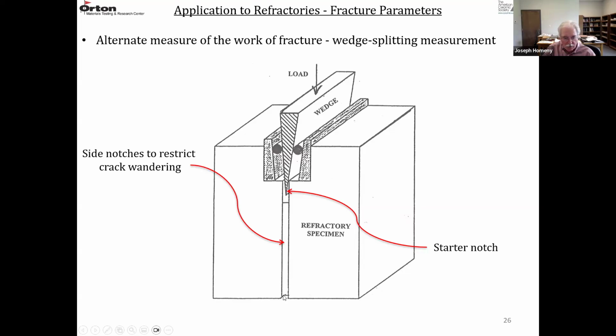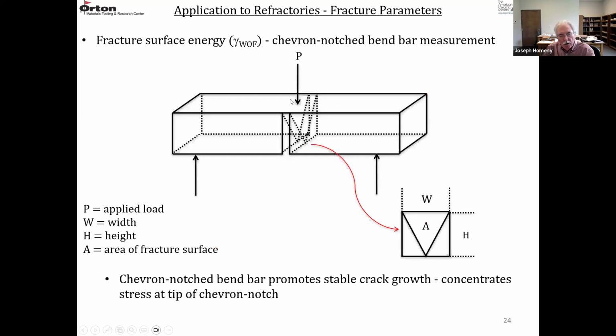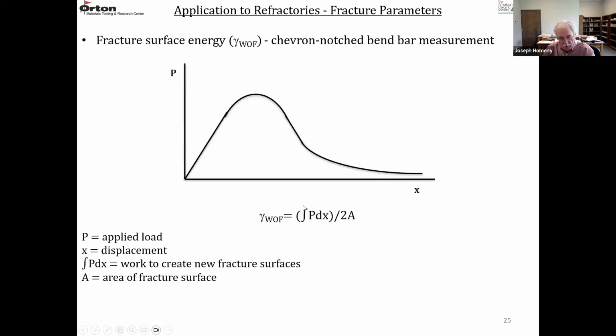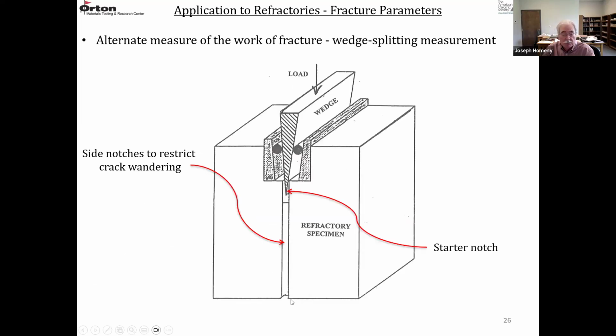You put a starter notch on one edge. You load this wedge and it splits the sample apart. It's basically the same as work of fracture, but it's done in a controlled mode again. The starter notch keeps the crack from wandering out of the plane. The advantage here is that it's a much bigger sample. The work of fracture bar has a much smaller cross section compared to half a brick or even a whole brick.